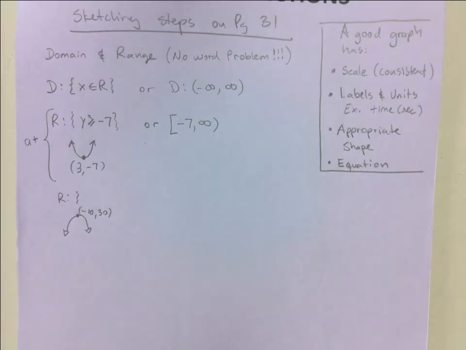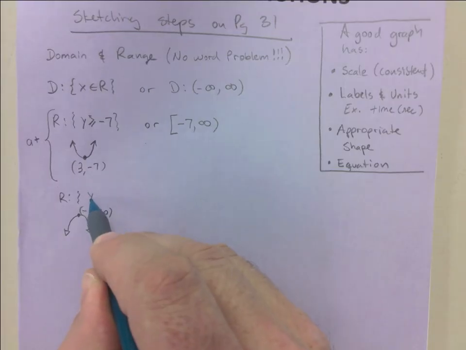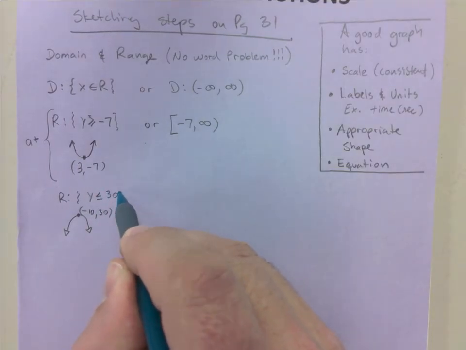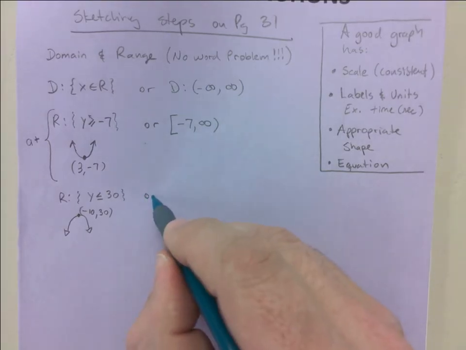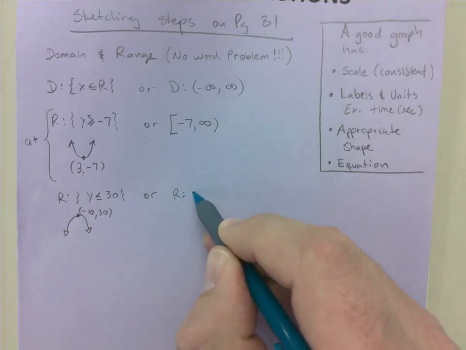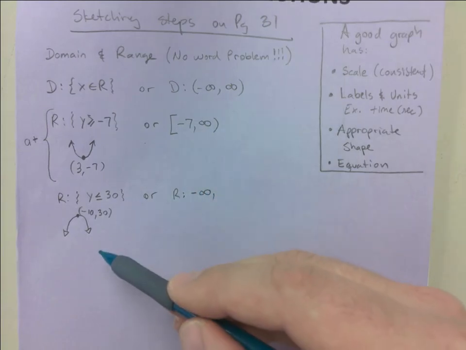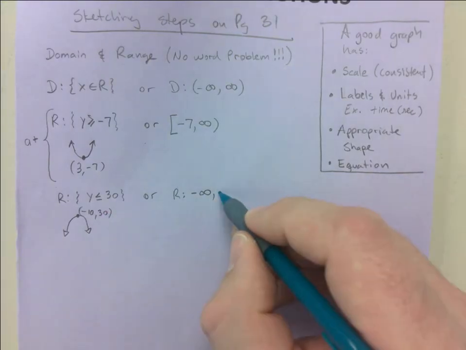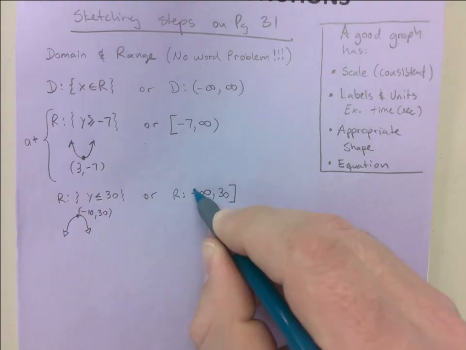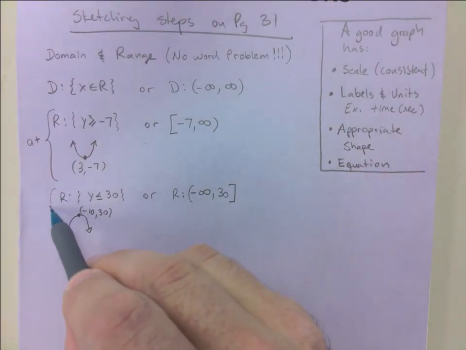That's the coordinate of the vertex there. Since it's pointing down, we would be y is less than or equal to 30. Or range is, what are we going to start with? We're going to start with negative infinity, and then we reach the top, which is 30 square brackets. This is if A is negative.